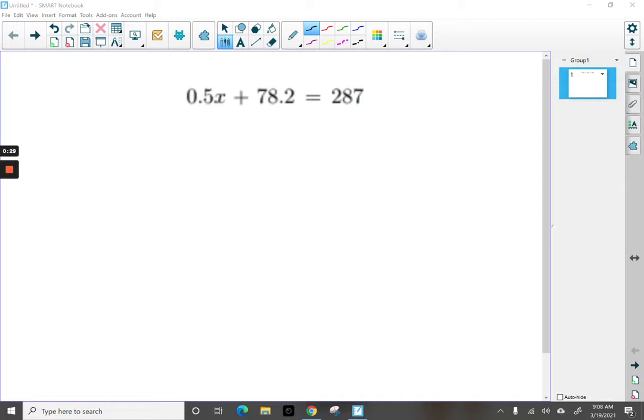Now, our goal in any equation is to isolate the variable, which means our goal is to get this variable on its own side by itself and make sure there's no other variables in our problem right here. So to help do this, I am going to start by drawing a line, going down from the equal sign.